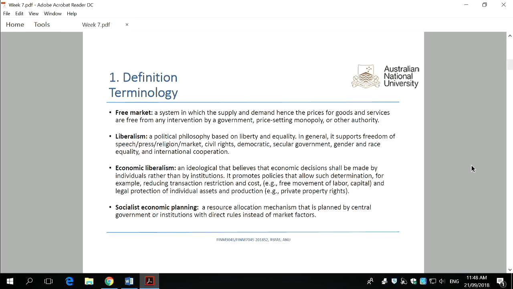So then, politics and economics are often together, right? You often see the democratic countries tend to also have free markets, right? And the more controlled countries tend to have less market-oriented economies. So then there's this term of economic liberalism. Economic liberalism is basically the ideology that believes economic decisions should be made by individuals.